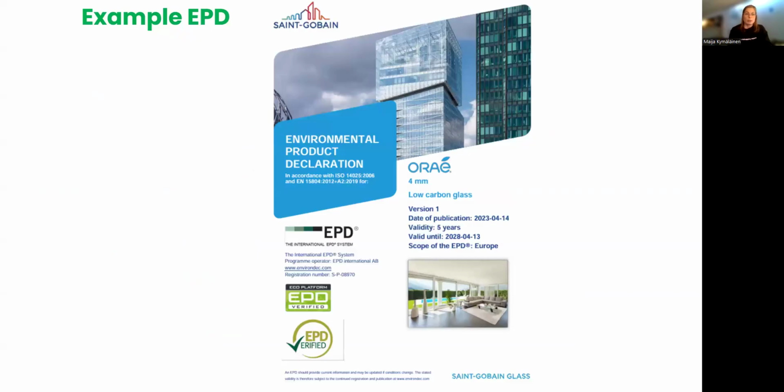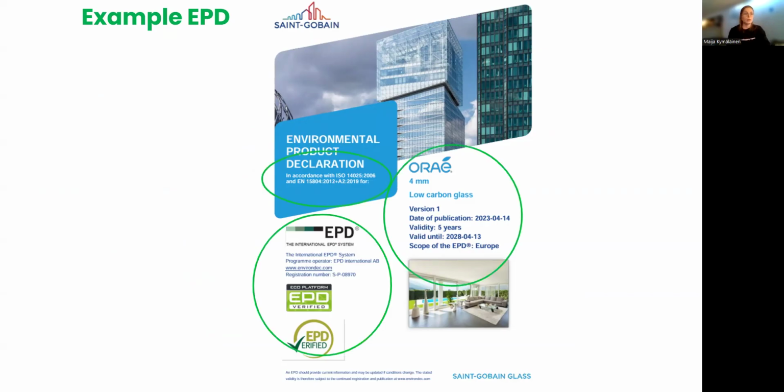So here's just an example of what the real EPD looks like. So here we have the standards. So this says that this environmental product declaration is made in accordance with ISO 14025 and EN 15804 plus A2. So this means that it's valid information based on actual EPD standards.